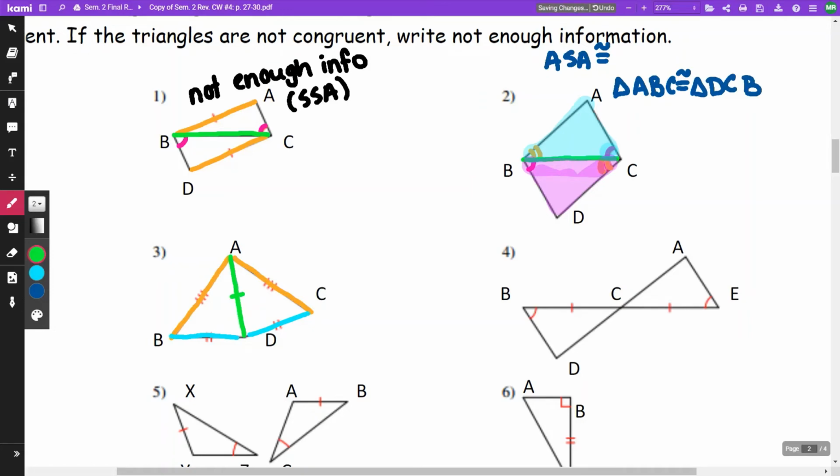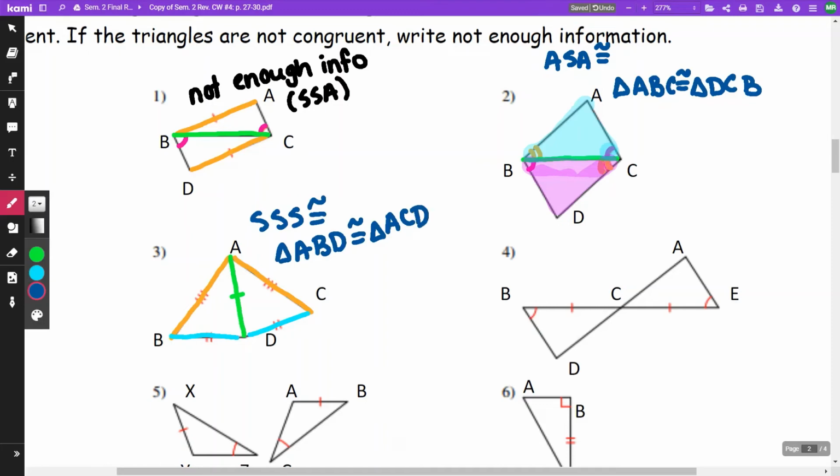So AD is going to be congruent to itself. So in this situation, we have side, side, side congruence. And if I said triangle ABD, on the other side, A actually does correspond with A, B corresponds with C, and then D does correspond with D.